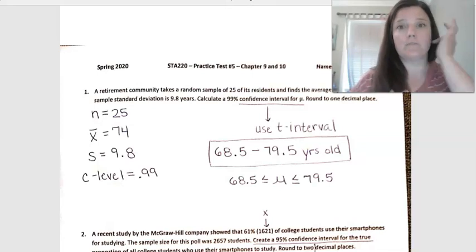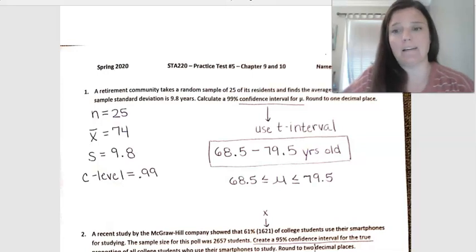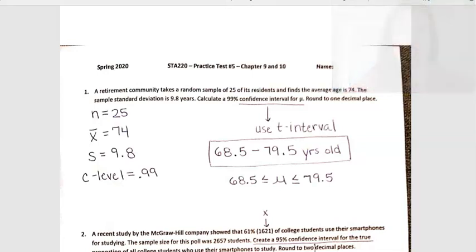So as long as you can remember the steps to put in the calculator and how to interpret the output, that part shouldn't be too bad. But sometimes when your answer has to be in a certain sentence form, it can get a little more tricky, and just trying to interpret what the question is asking you to do can be difficult, but the actual calculation of the interval shouldn't be too bad because you should just be using your calculator.